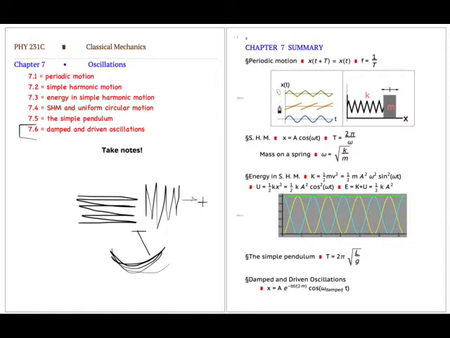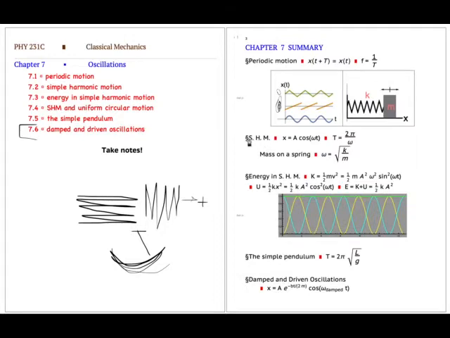Or the motion during oscillations could be different. It could be like this. That would be periodic. Or it could be sinusoidal. That's also periodic. So this defines what you mean by periodic. And then the frequency is 1 over the period.